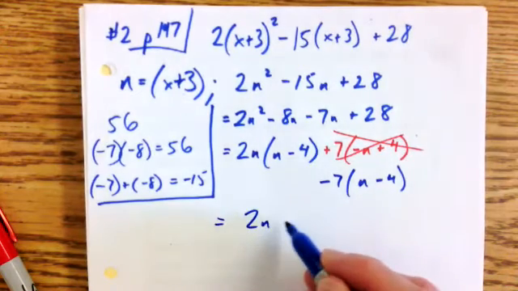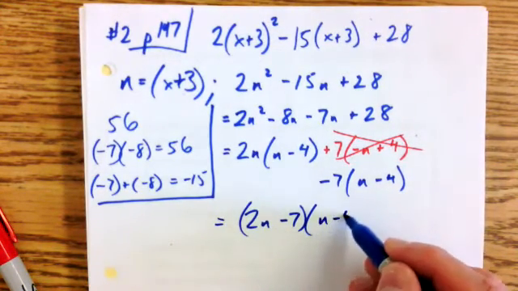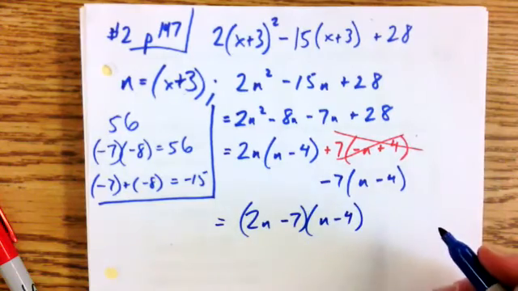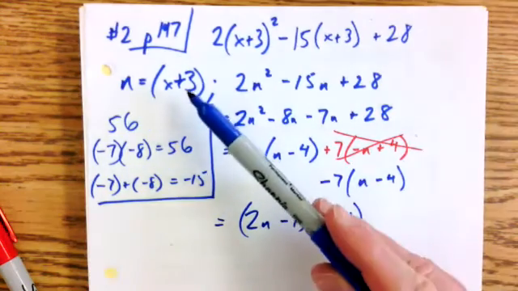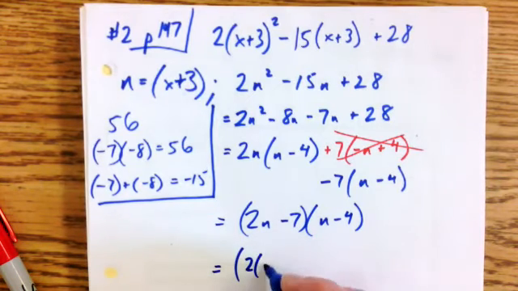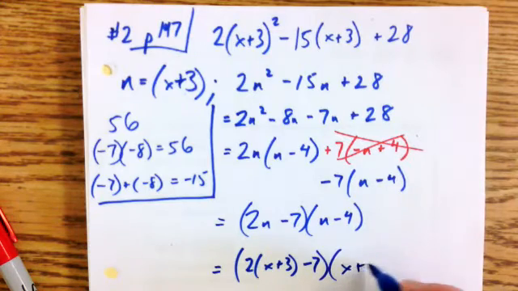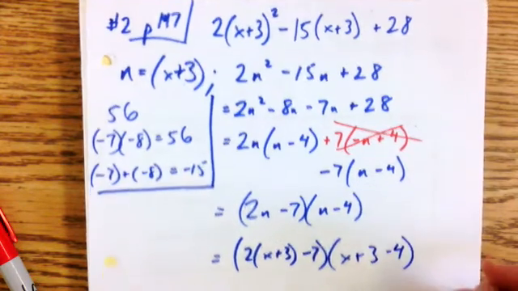So it's 2n minus 7 times n minus 4. Now, we need to put in x plus 3 everywhere there's an n. 2 times x plus 3 minus 7. And here I don't need to use brackets. So it's x plus 3 minus 4.